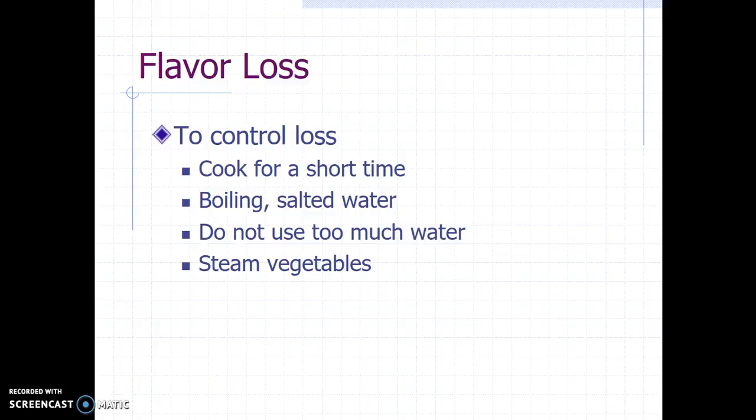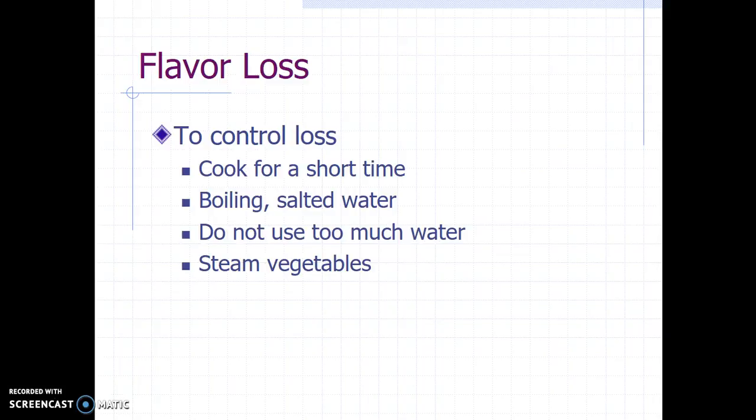Also, having boiling salted water that we use to blanch in will control flavor loss. It will actually help with flavor, and making sure that we have boiling water ensures that we're only going to cook it for a short period of time. If the water's not boiling, that means we're going to have a longer cooking time. So that's why we're looking at boiling salted water.